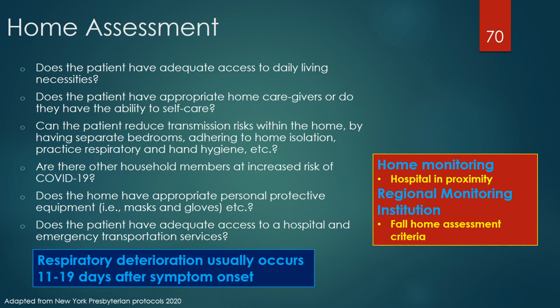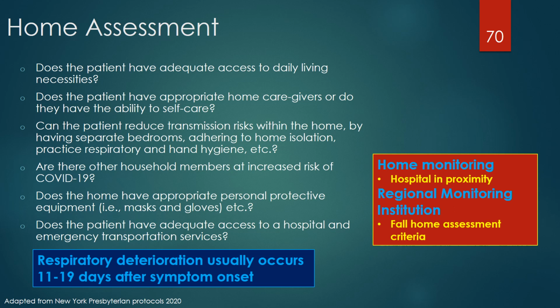Can the patient reduce transmission risks within the home by having separate bedrooms, adhering to home isolation, practicing respiratory and hand hygiene, etc.? Are there other household members at increased risk of COVID-19? Does the home have appropriate personal protective equipment like masks and gloves, etc.? Does the patient have adequate access to a hospital and emergency transportation services?